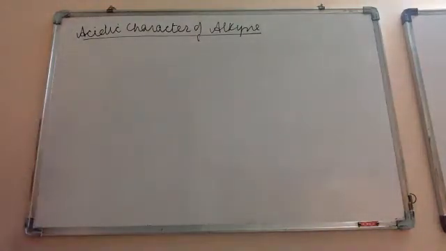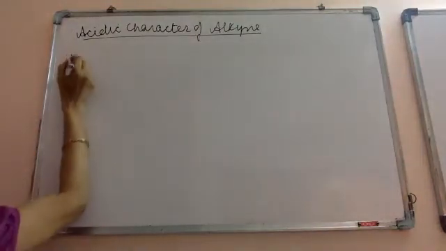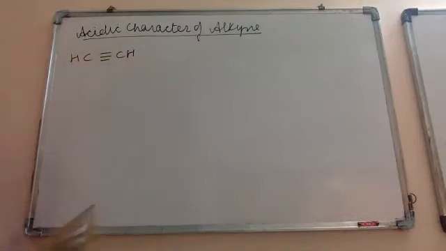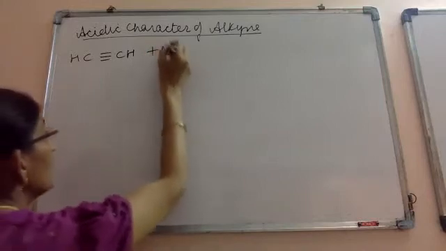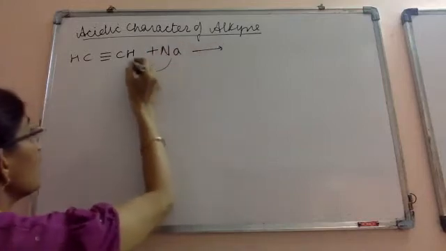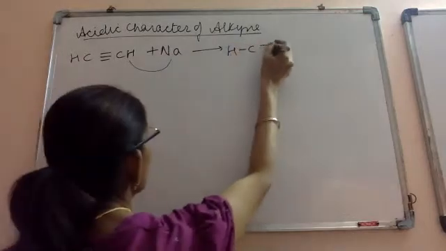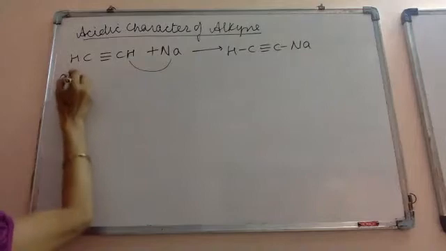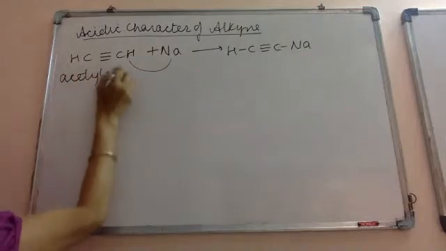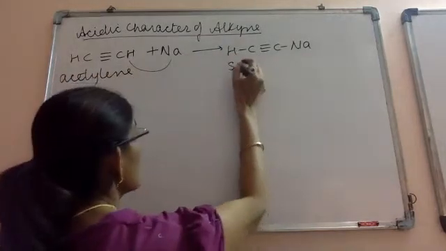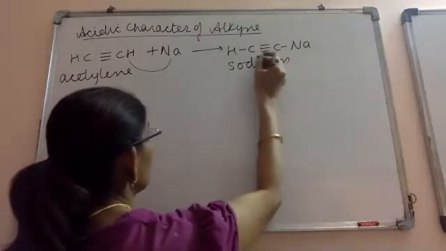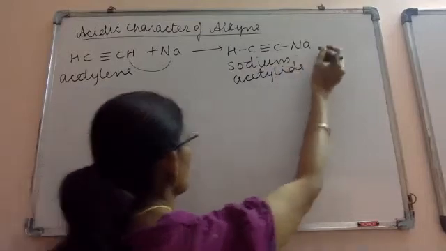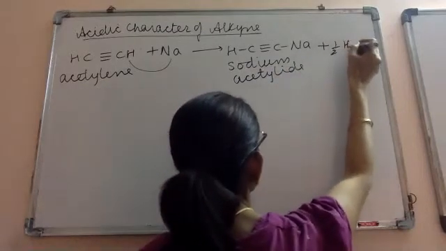Suppose we take an example of ethyne. When this ethyne, also called acetylene gas, is treated with sodium metal, hydrogen is replaced and we get sodium acetylide, plus hydrogen gas released.